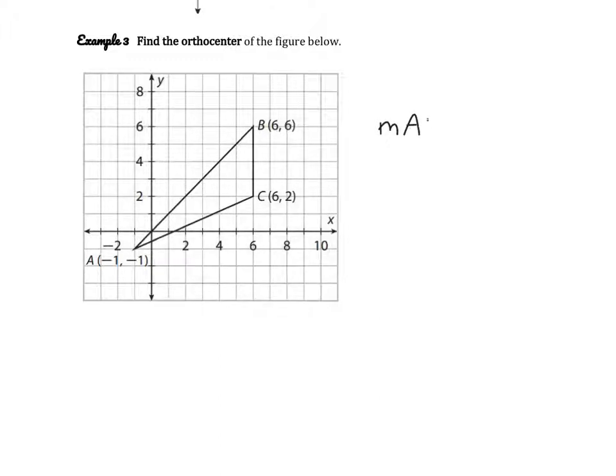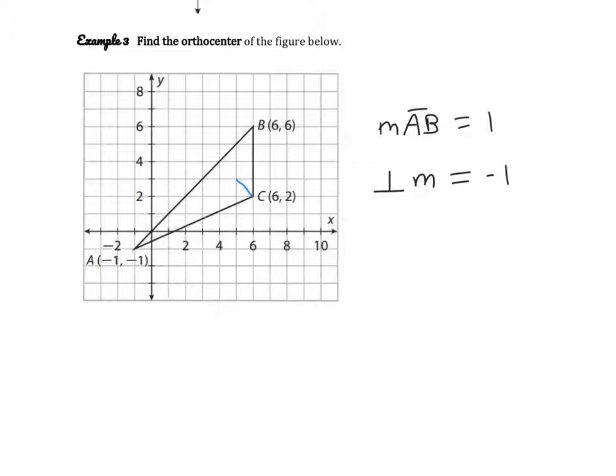So the slope of AB is 1 over 1, which is 1. Okay, that means that the perpendicular slope would be the opposite reciprocal, which is -1. So I'm going to start at point C, and I'm going to draw a line that has a slope of -1.